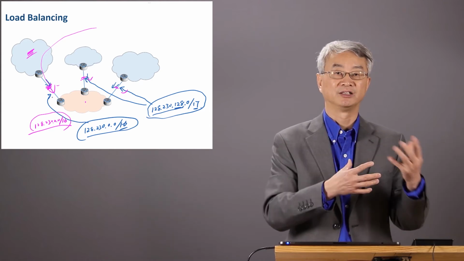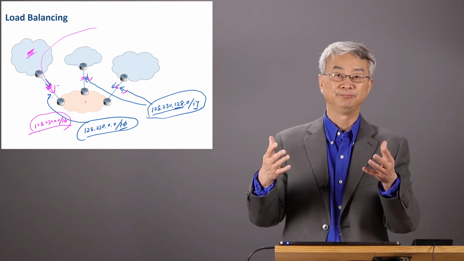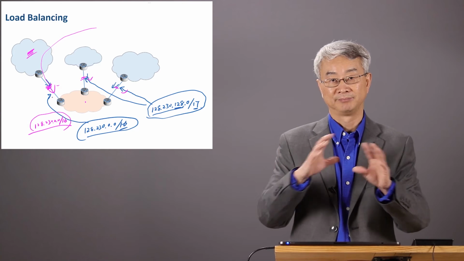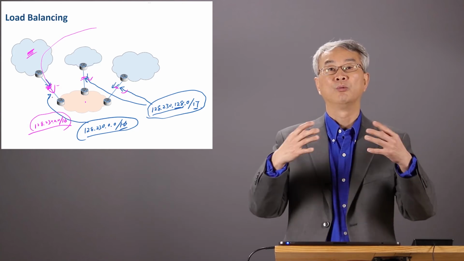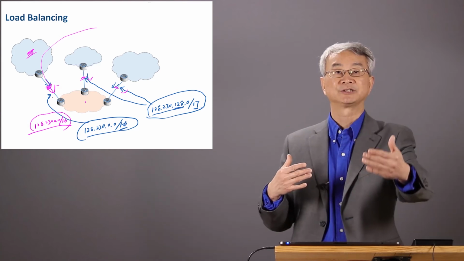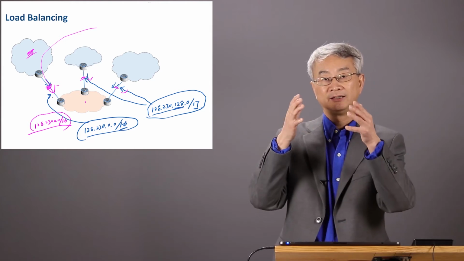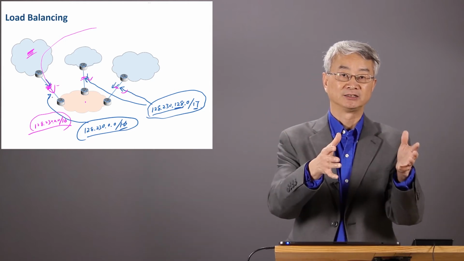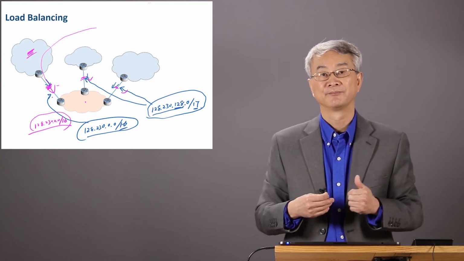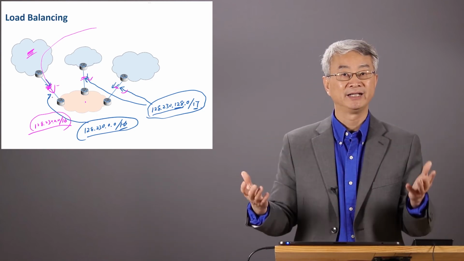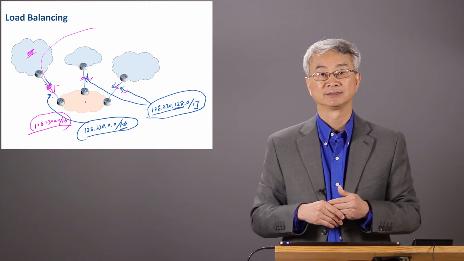So this could be one of the reasons. The other reason could be load balancing, but I did not know exactly the reason behind that. But from outside, I can observe this deaggregation, the IP prefix announcements made by Syracuse University. And you're going to find that many networks did similar things.